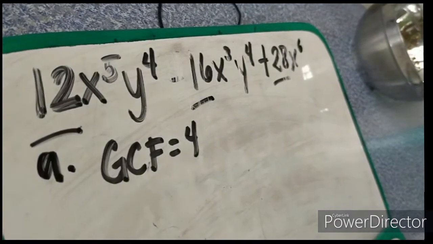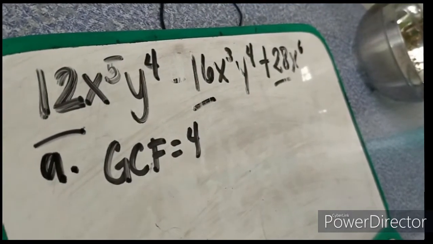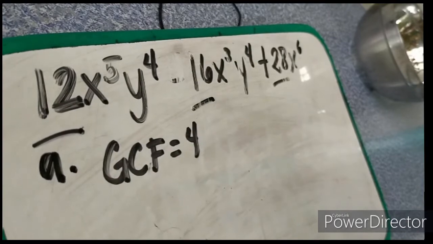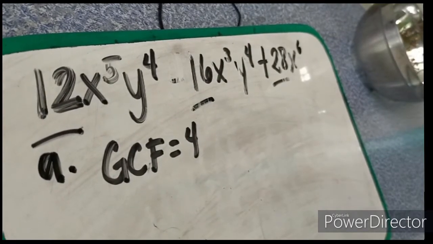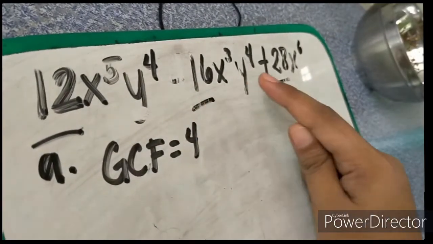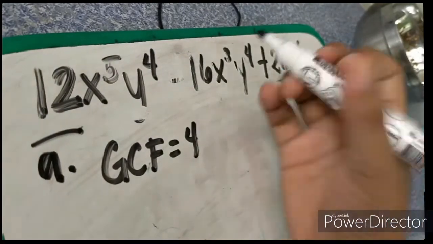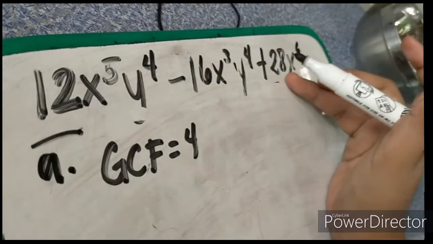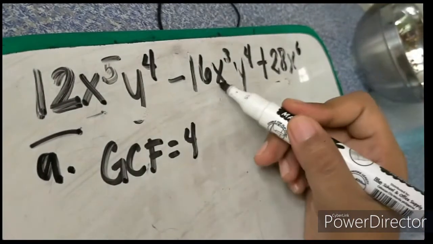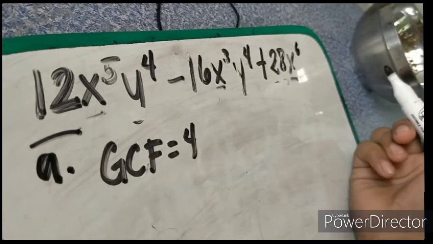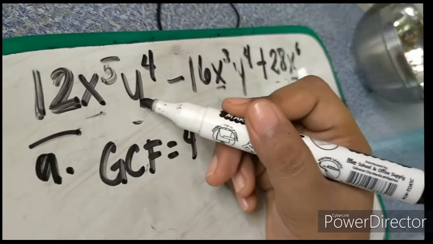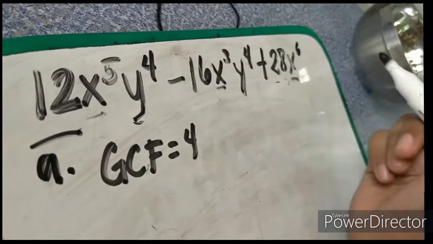Next is to find the common variables. What are the common variables in these terms? So, we have common x. How about y? It is not common between the three terms.